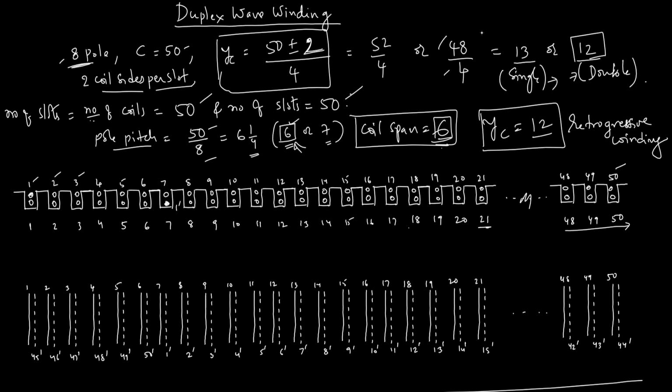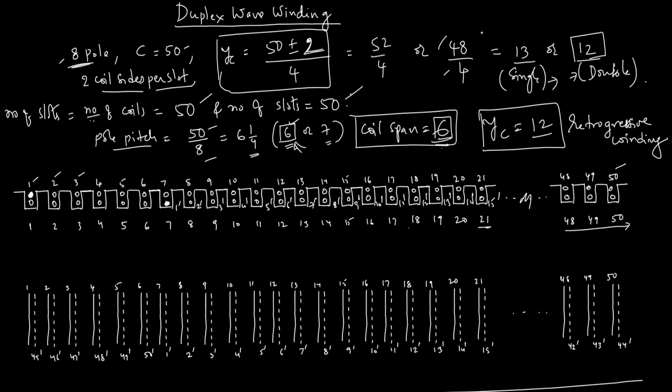So if this is the left side of coil 1, then this will be the right side of coil 1, that is 1 dash in the 7th slot. Then I will number sequentially 2 dash, 3 dash, 4 dash, 5 dash, 6 dash, 7 dash, 8 dash, 9 dash, 10 dash, 11 dash, 12 dash, 13 dash, 14 dash, 15 dash.